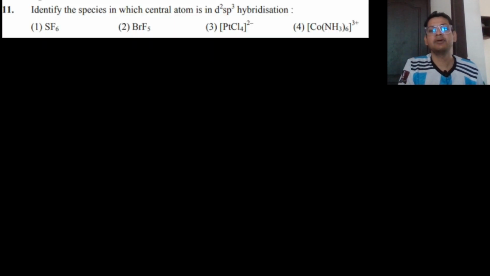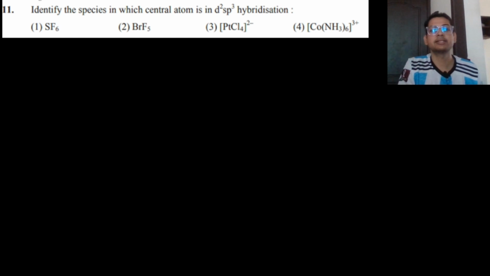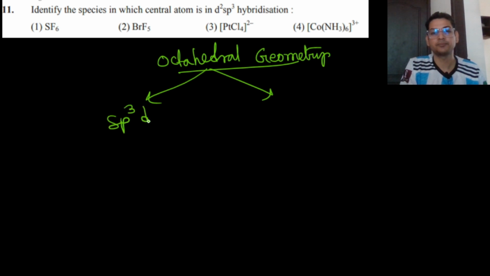Okay, identify the species in which the central atom is in dsp2 configuration. Okay, how to do it, sir? The thing is that in octahedral geometry, there are two conditions. One is sp3d2, one is d2sp3.